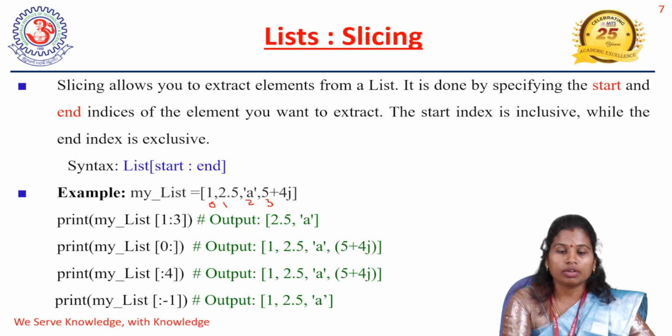Now our list contains 4 elements, so by default it takes the value 4. So 0 to 4: in position 0 we have 1, in position 1 we have 2.5, in position 2 we have a, and in position 3 we have 5+4j. So it will print the elements from 0 to the end. After that we pass it to the print function, so we will get the output on the screen.